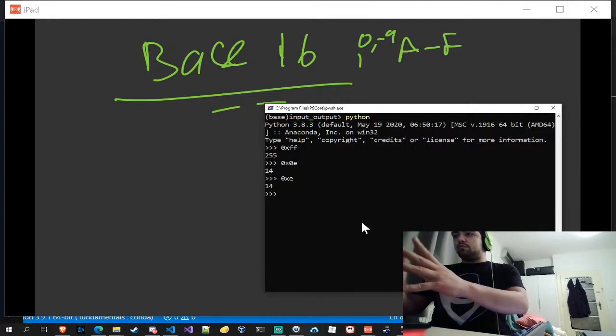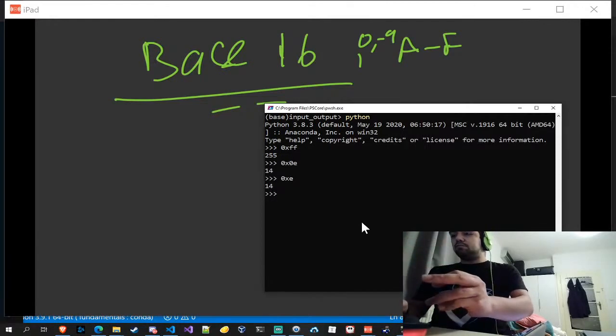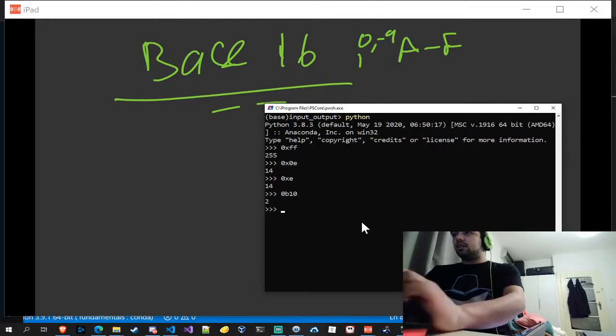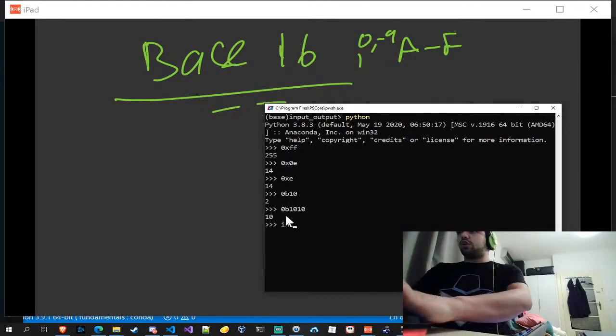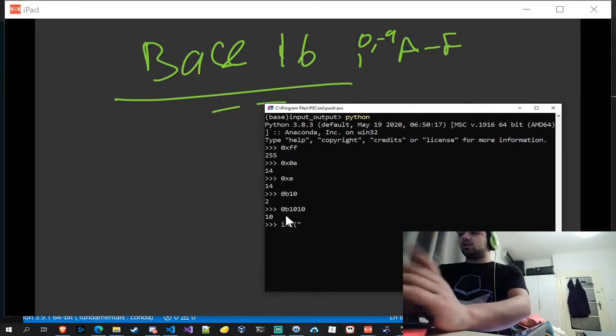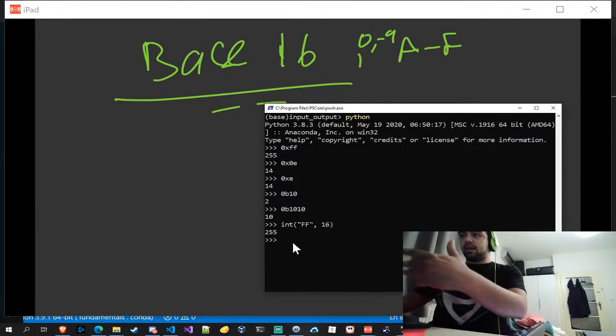You can also represent binary numbers. So you use 0 and then x for hexadecimal, and 0b for binary. Or you can do int and represent ff in base 16. It's the same thing.